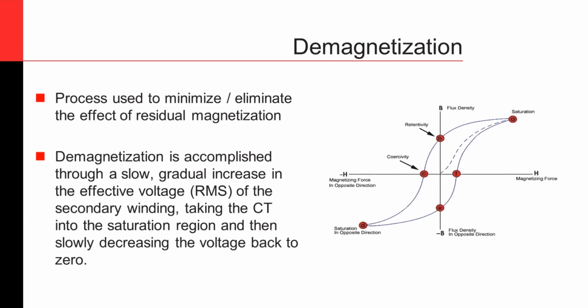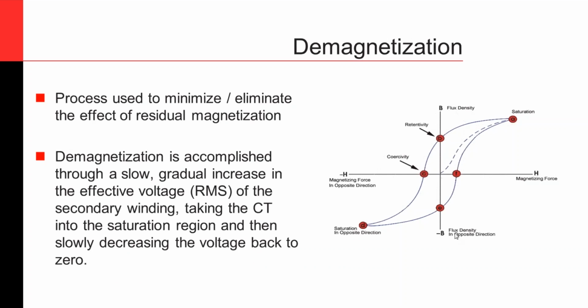So the IEEE C37.110, it's a different number than I've been telling you from the start, recommends that once you finish the winding resistance test, you have to demagnetize the CT.